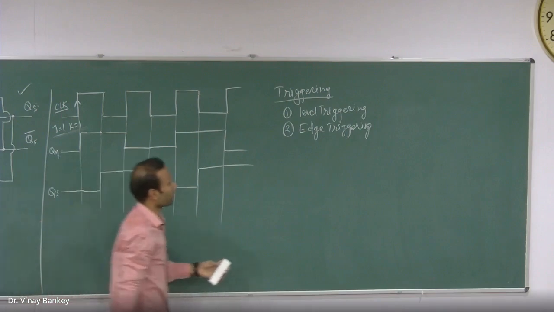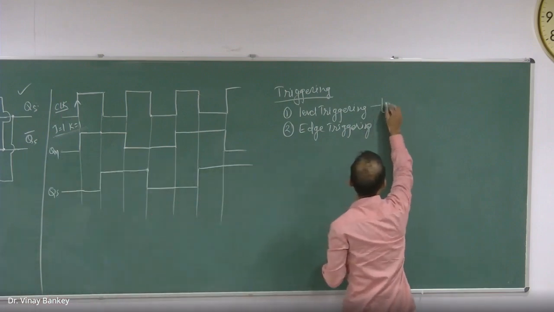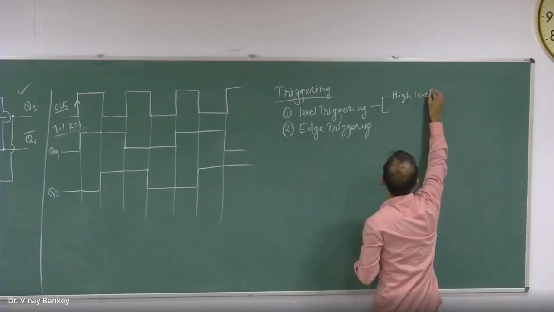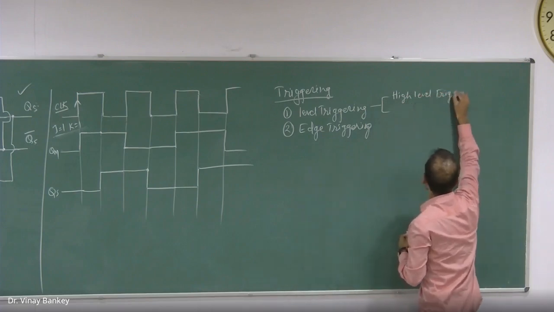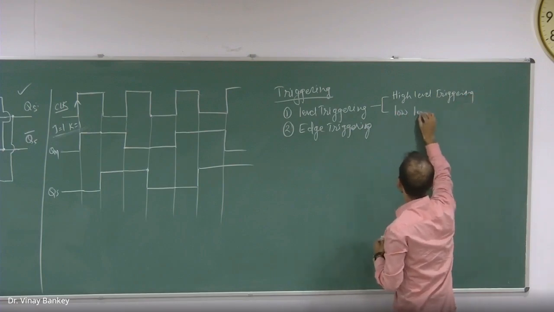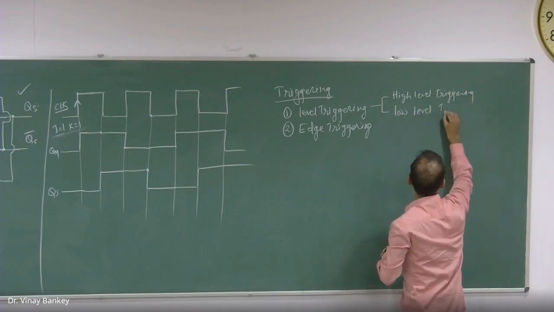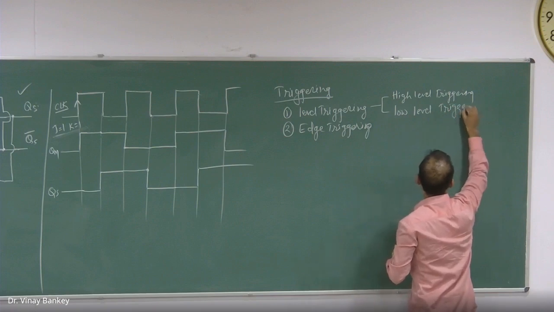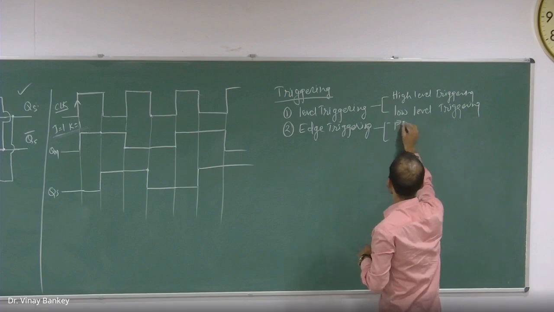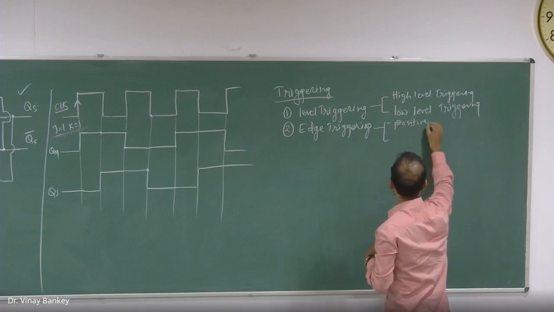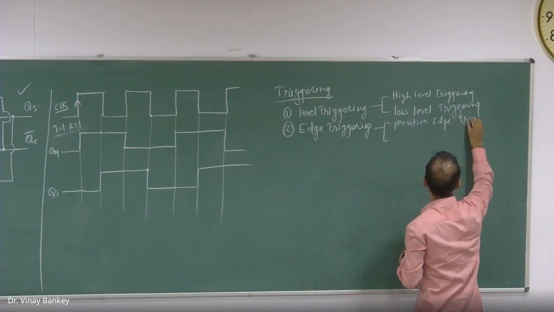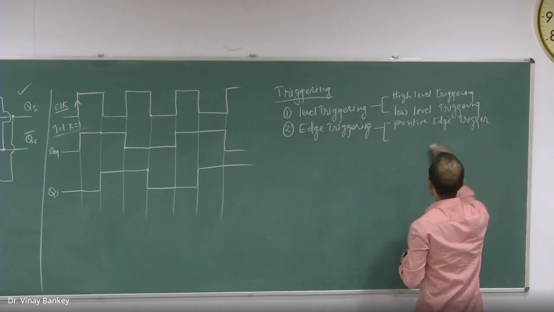So we do have two types of triggering for each of these. First is high level triggering, and the second is low level triggering. And for edges, we have a positive edge trigger and the negative edge trigger.